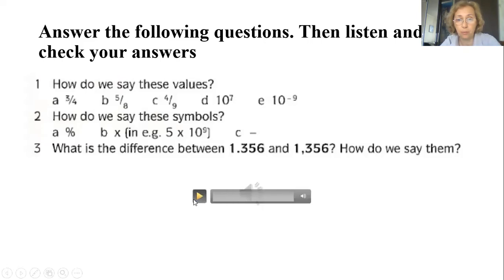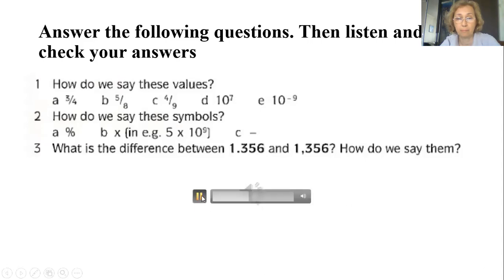Good. Listening. 1. A, 3/4. B, 5/8. C, 4/9. D, 10 to the power of 7.